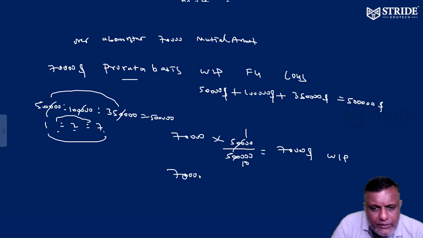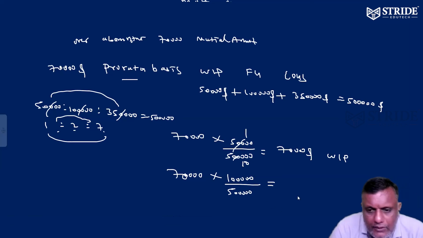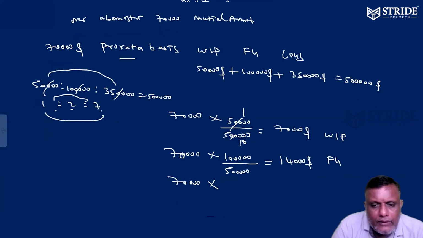Similarly, $70,000, if it is a material amount, into 100,000 by 500,000. So 70,000 by 5 is going to be $14,000, which we adjust towards finished goods. Next, the same $70,000 into COGS $350,000 by 500,000.